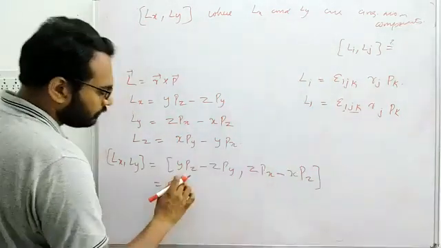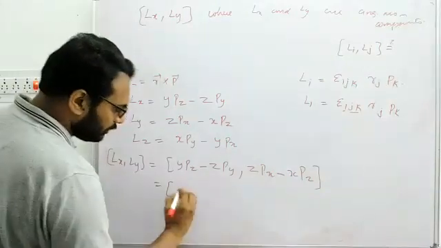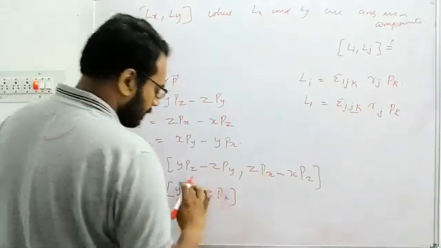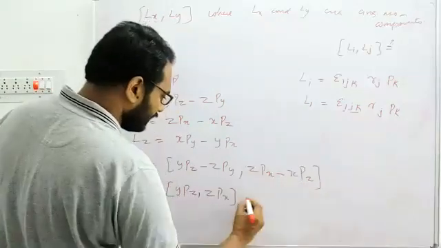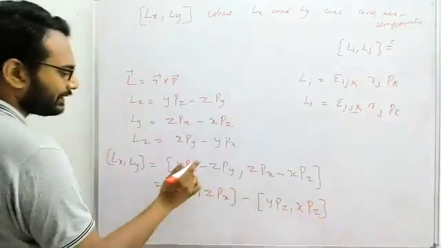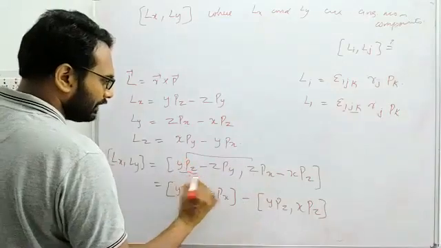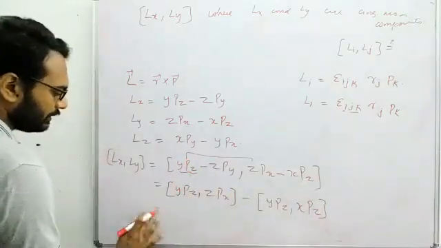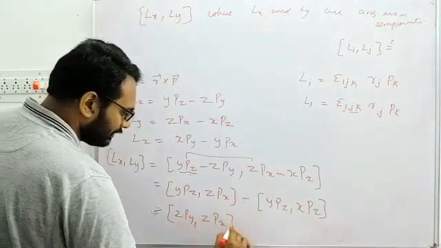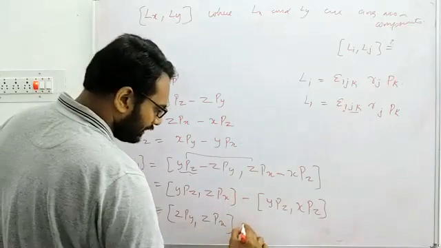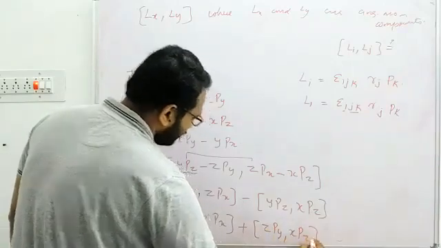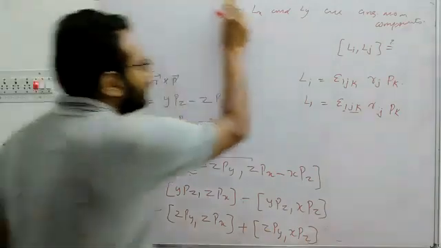This is equal to the bracket of y pz with z px, minus y pz with x pz, minus z py with z px, and plus, because minus and minus, z py with x pz. Now you can see that some of the terms are zero.